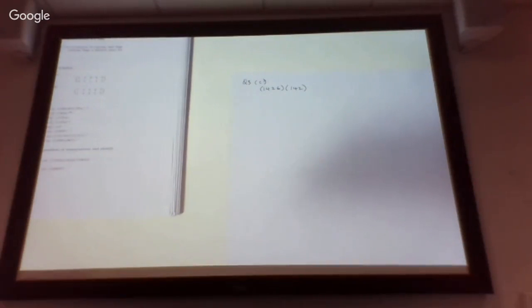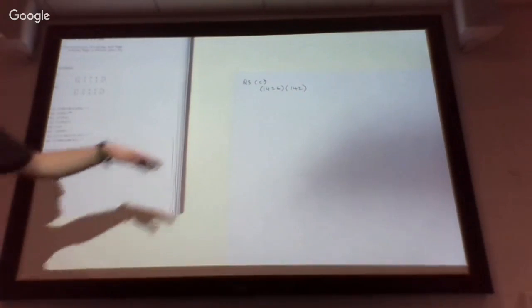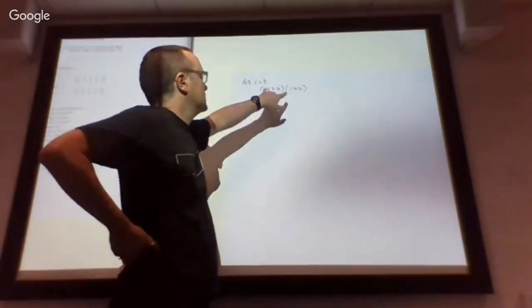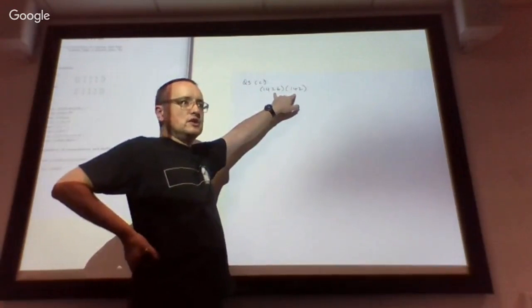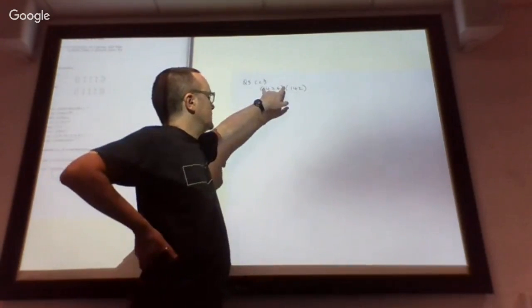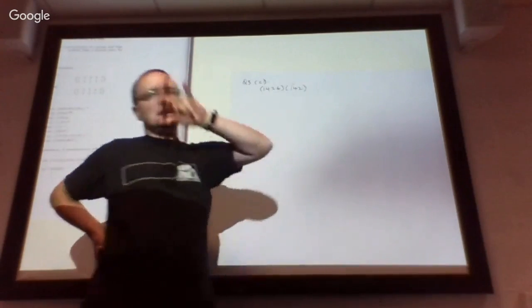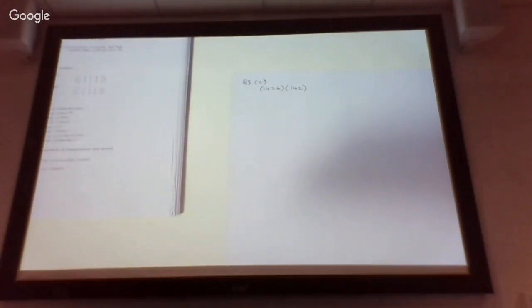Well, we could do this in a few different ways. At the moment it's expressed as a product of cycles which are not disjoint. So we could just straight away decompose each of these individually into products of transpositions. We then have quite a long product of transpositions, and we could just count the number of them and see whether they are even or odd. So we'll do it that way.